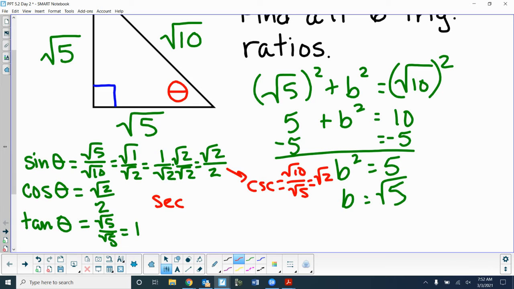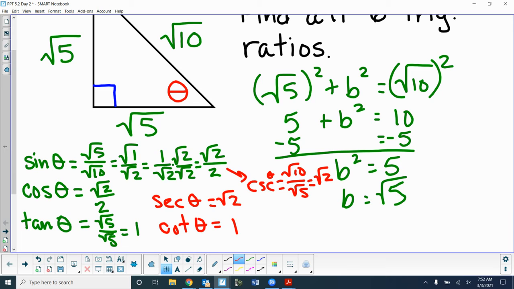I should put theta, right? Forgot that part. It would be the same answer: square root of 10 over square root of 5, so square root of 2. And then cotangent is the reciprocal of tangent. That is still square root of 5 over square root of 5, so it'd be 1 also.